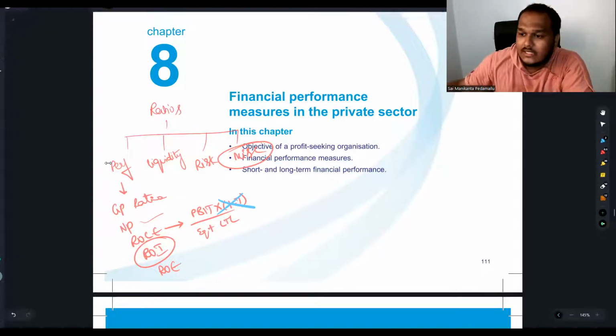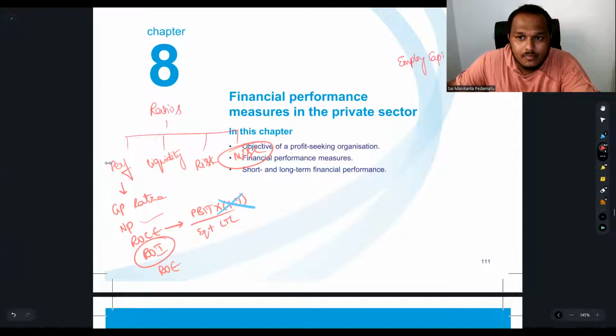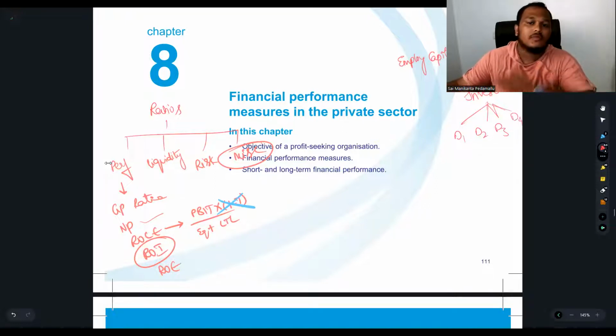Please confirm in the chat section, everybody, is that explanation clear? So we employ the capital into the business, and the business will make investments into divisions, and so on and so forth.